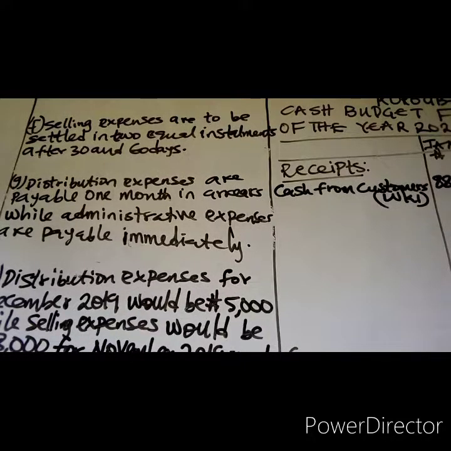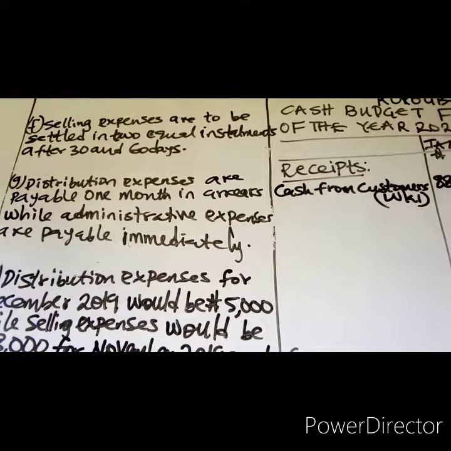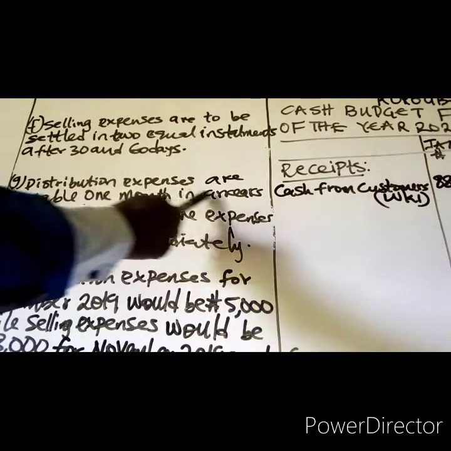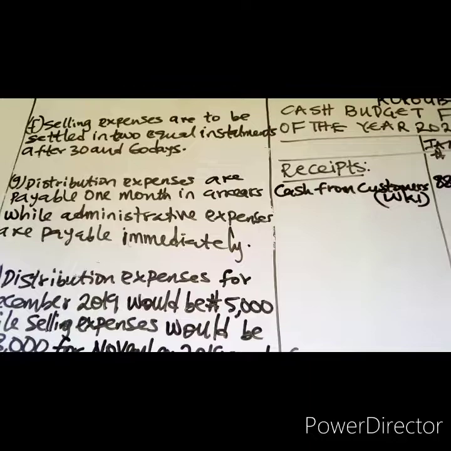Note F. We have selling expenses are to be settled in 2 equal installments after 30 and 60 days. That is a payment, so it does not involve receipts. So note G. Distribution expenses are payable 1 month in arrears, while administrative expenses are payable immediately. That is also a payment.